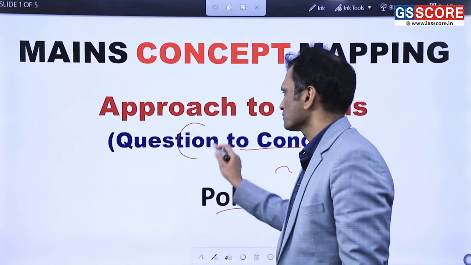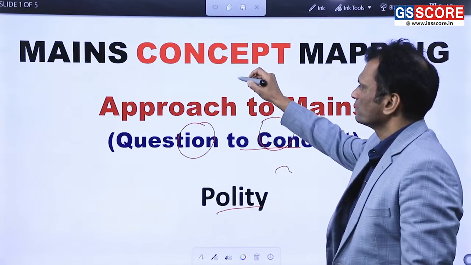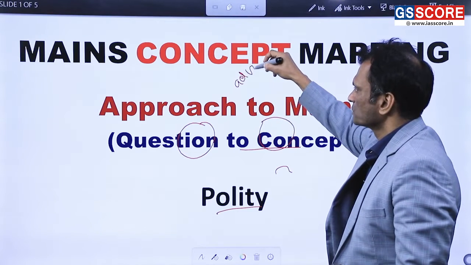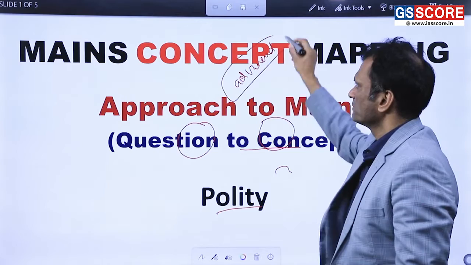Going from question to concept is a more advanced way to study and revise your syllabus, because those students who are not beginners prefer, and I believe they should prefer, to go in a reverse way. You take a question, understand the concept, go back to your books and notes and revise from there, instead of going in the forward way, reading the chapter and then solving the question, once you gain certain experience.